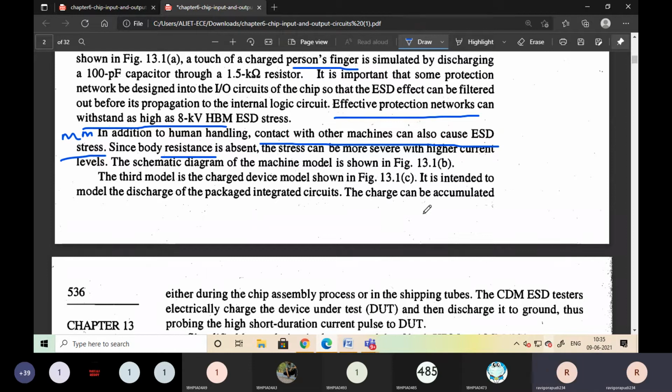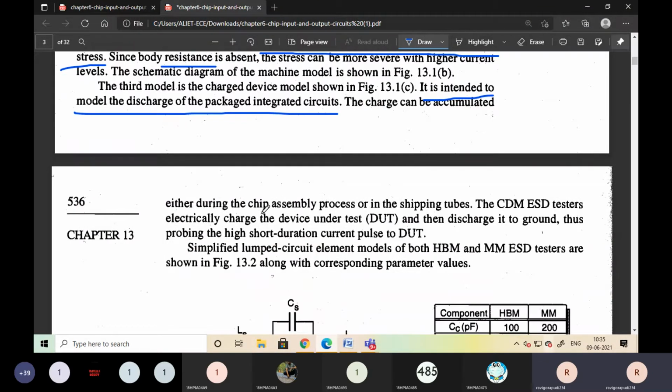Package means, whenever it is intended to model the discharge of the packaged integrated circuit, the charge can be accumulated either during the chip assembly process or in the shipping tubes.